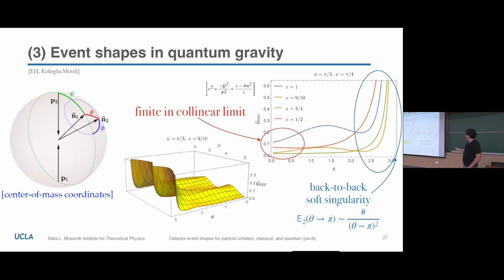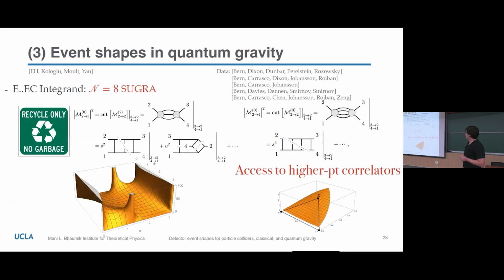Unlike gauge theory, in these energy correlators, if you bring the two detectors together, because there's no collinear divergence in gravity, it's finite in this collinear limit. There's still a back-to-back singularity that's due to soft graviton radiation. So it would be interesting to try to resum this, and you can do some nice plots here.